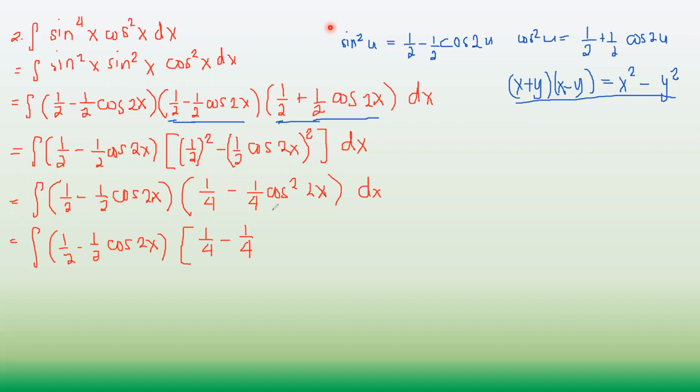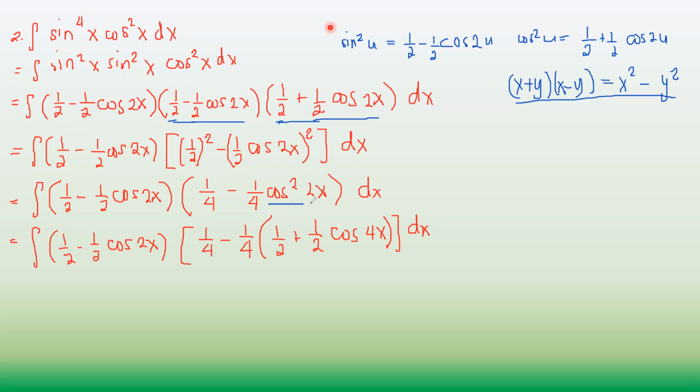Okay, so I will replace cosine squared by 1/2 plus 1/2 cosine pa din 2u. So magiging 2 times 2x, we have 4x, and then dx na tayo.